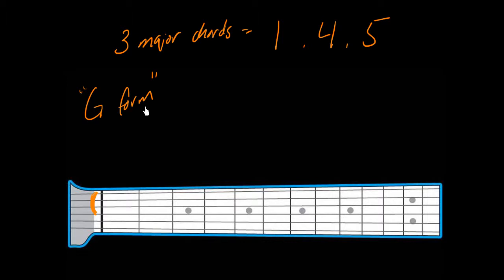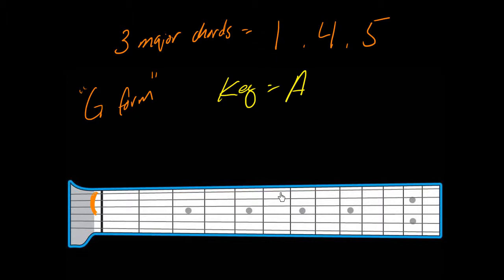G is one of those 5, but we don't want to go into all 5 of those. We're going to do one step at a time. So this is just the G form, and we're going to take it into the key of A so that it's off the open strings so you can see this.